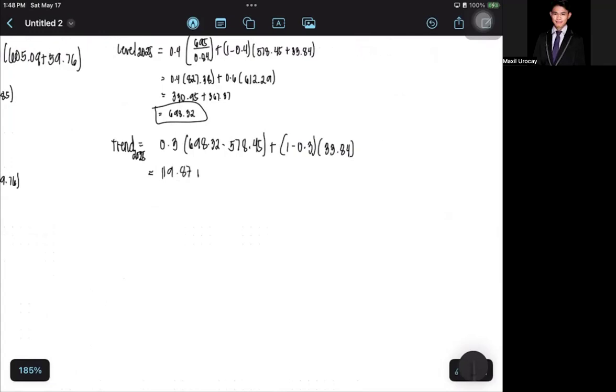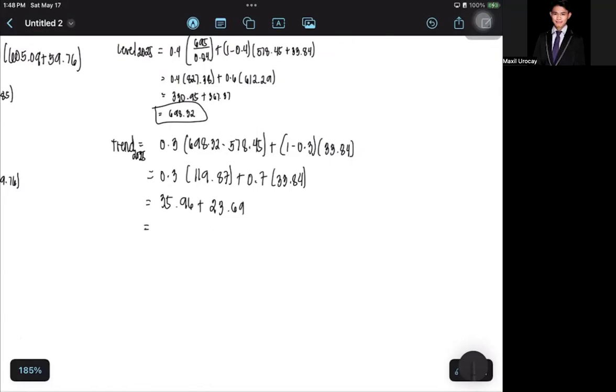So 0.3 times 119.87 is 35.96, plus 0.7 times 33.84 is 23.69.